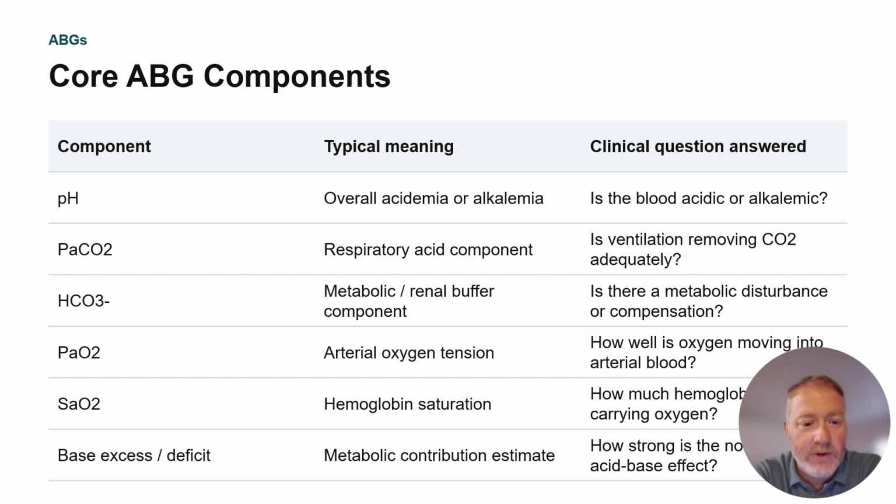The bicarb, HCO3 negative, is your metabolic component, your renal buffer component, and that helps distinguish whether you have a primary or a secondary respiratory or metabolic disturbance.